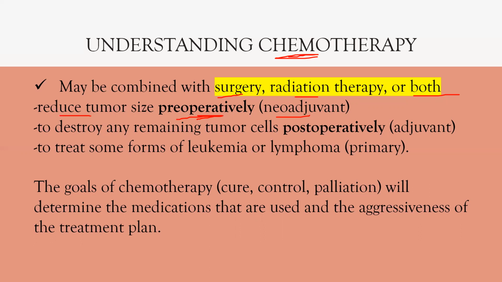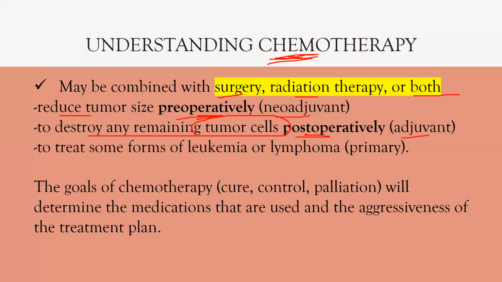Now, pag ginawa naman po ang chemotherapy post-operatively o pagkatapos operahan o yung tinatawag nating adjuvant, the goal of the chemotherapy is to destroy any remaining tumor cells. For example, tinanggal yung tumor sa lungs, na chemotherapy pa rin as a combination therapy.